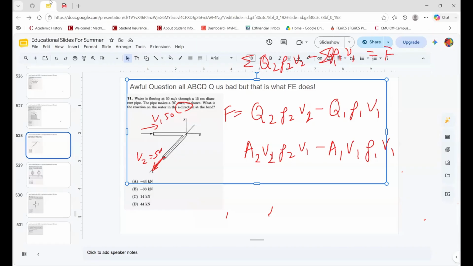So in this vector 2, if this was x, y, and z, we have A2, v2, rho 2, minus A1, v1, rho 1, is 0, 0, 50.